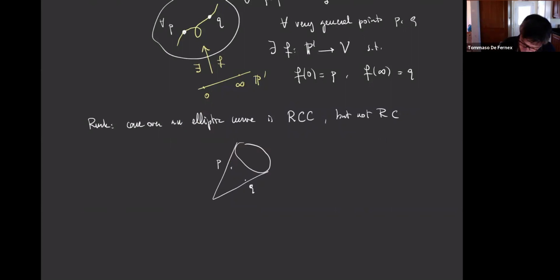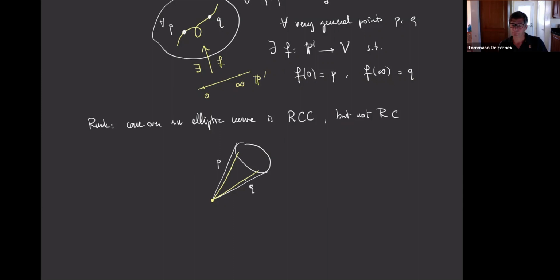Elliptic curves certainly are not, but I can always connect them by going to the vertex. I just need two lines, so I need a chain in this case. So rational chain connectedness is a weaker notion. If you have a smooth projective variety over the complex numbers, then rationally chain connected and rationally connected are the same condition, because there is some smoothing of chains of rational curves I can do. There is a trick to do that.